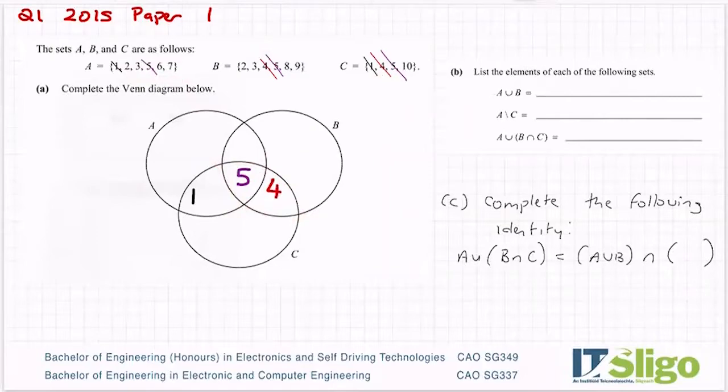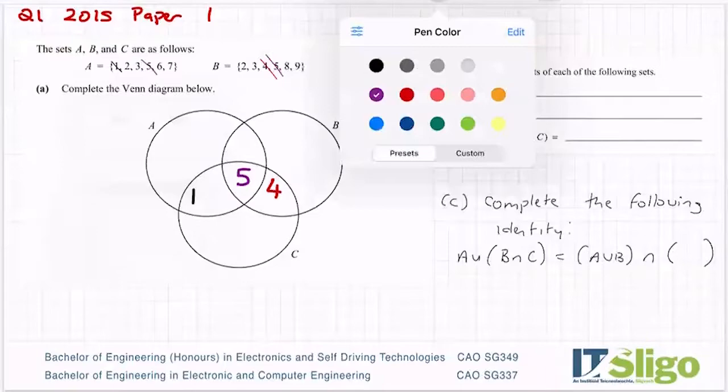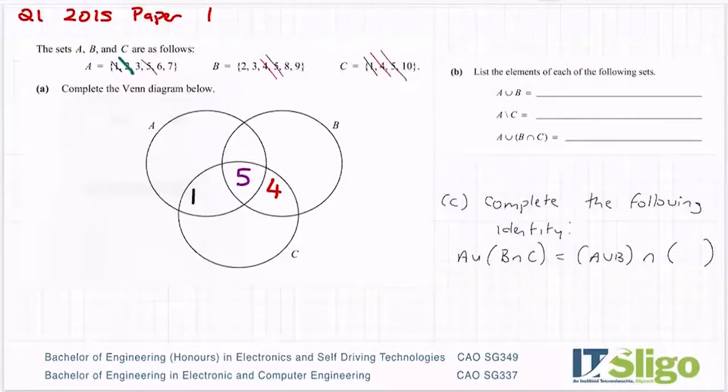And now finally, let's have a look at A and B. I see the number 2 coming up to play. So there's 2. 3 as well. 6 and 7, 8 and 9.